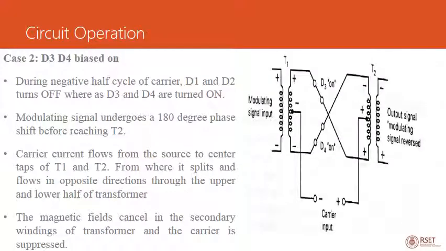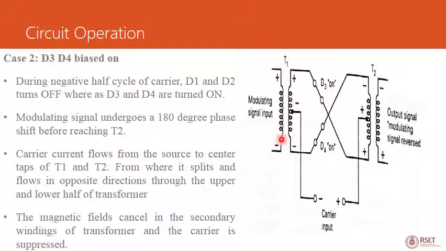In this slide, we'll consider case 2, that is D3 and D4 biased on. When the polarity of the carrier reverses, that is minus plus, the diode switches D3 and D4 will be forward biased and act like closed switches, and similarly the diodes D2 and D1 are reverse biased and act like open switches.